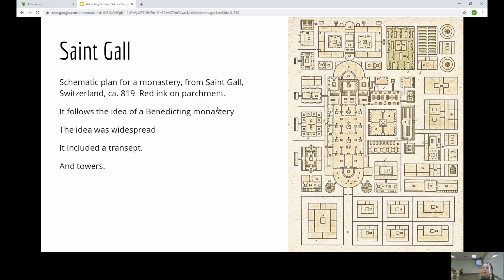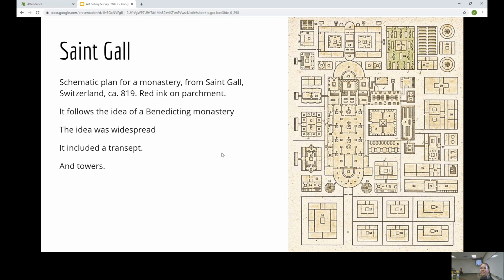The monastery of St. Gall is one of the early examples of a monastery which incorporates all of those aspects. You can already kind of see the church itself right here, which is a basic basilica with two semicircles on each end. And then, of course, all of the other buildings are designed around that.